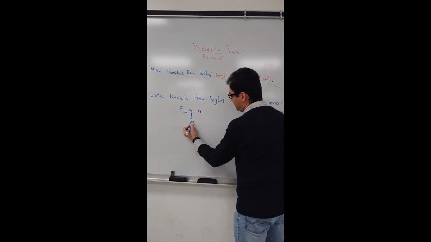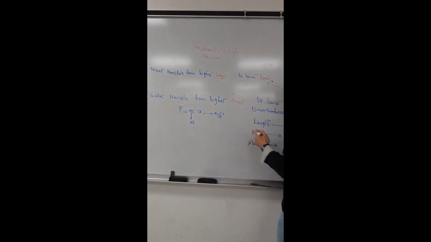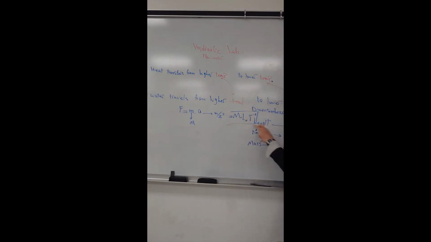Mass is M and acceleration is in meter per square seconds. So the dimension for force would be M times length, L, times T to the negative 2, because it's in the denominator.